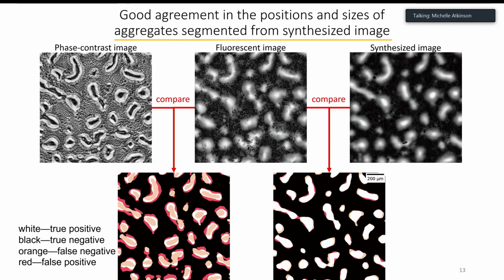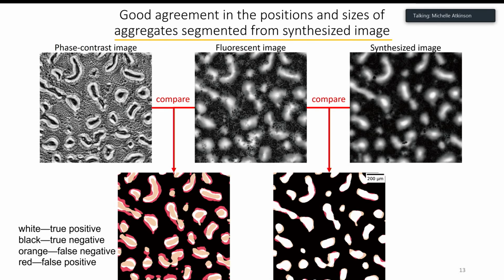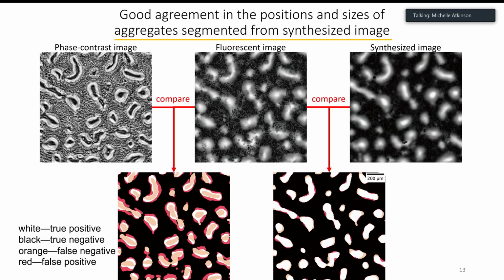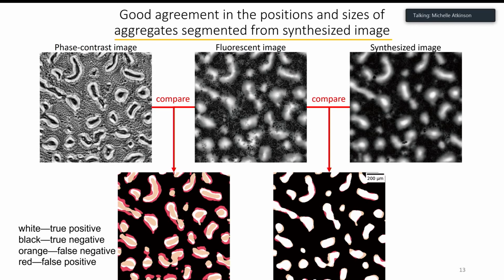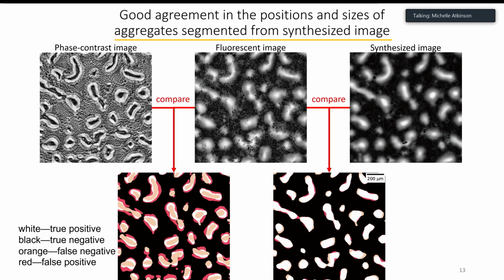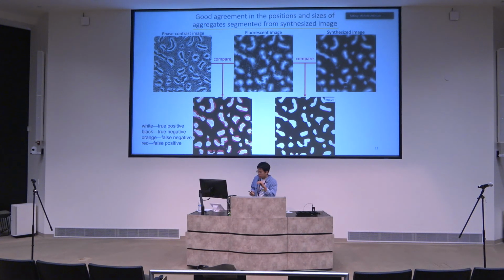So we want to evaluate how much variation there is. We take the center points of each aggregate and calculate the displacement. And then we calculate the relative area of each aggregate. If the relative area is close to 1, it means that they match with each other.